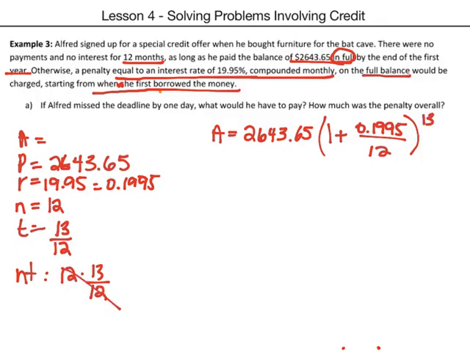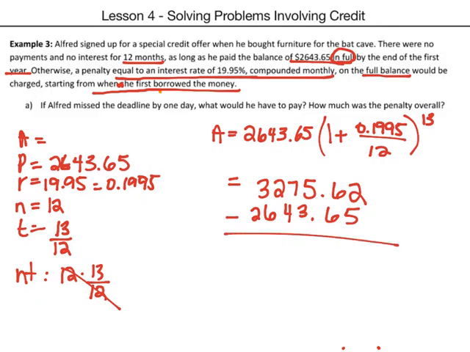And when you type this all in, you should get $3,275.62. And to figure out how much that is in interest, we would subtract 2643.65. And he ends up having to pay $631.97 in interest. So that 1 day later, he ends up spending a significant amount of money just on interest.